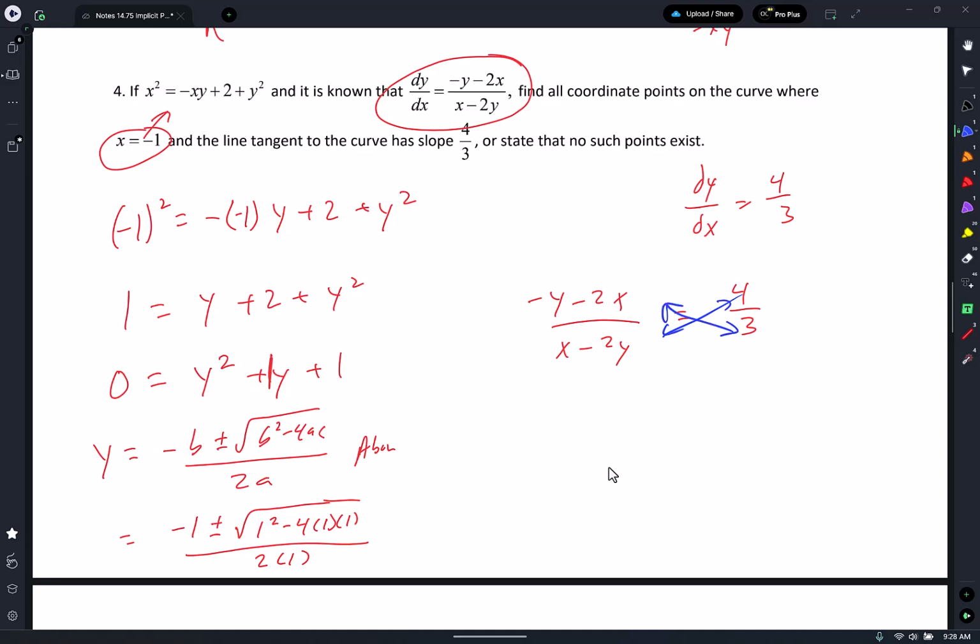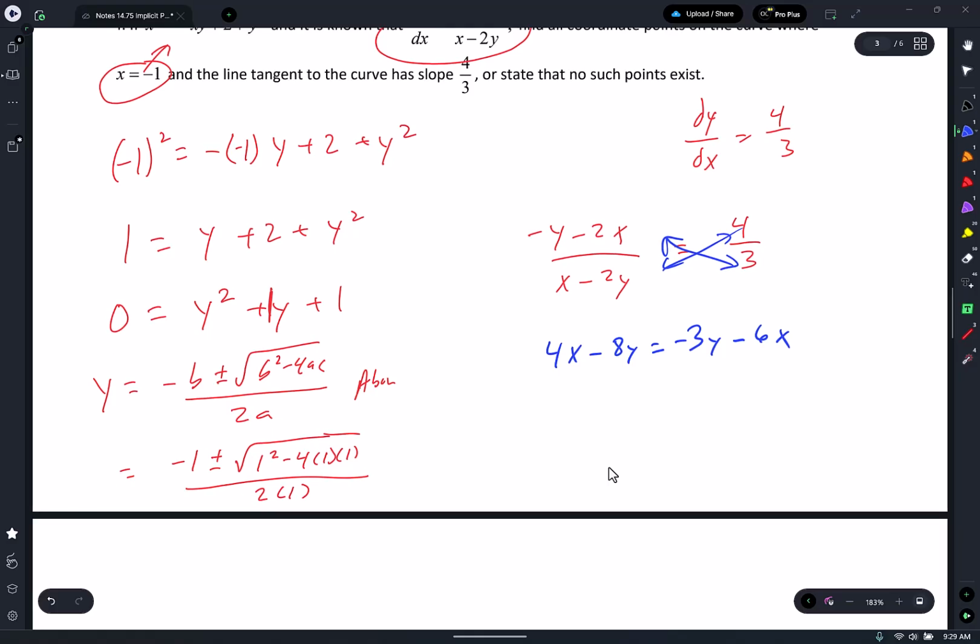To get the left side equals something with the right side and see if we can find something. You know what I mean? Watch. 4x minus 8y equals negative 3y minus 6x. In order to get a slope of 4/3, I need this. Okay, I found it. We found it.